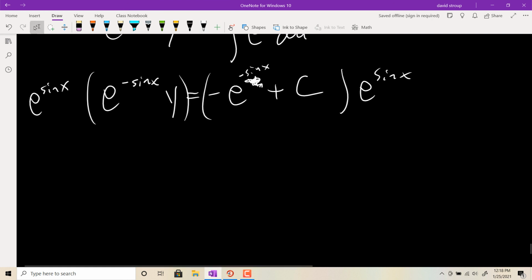Let's just go ahead and put that there. So it's positive, to get rid of the, or you can divide by e to the negative sine x, but it's the same as multiplying by e to the sine x. So you end up with y equals negative 1 plus c e to the sine x. Okay, and that would be it.